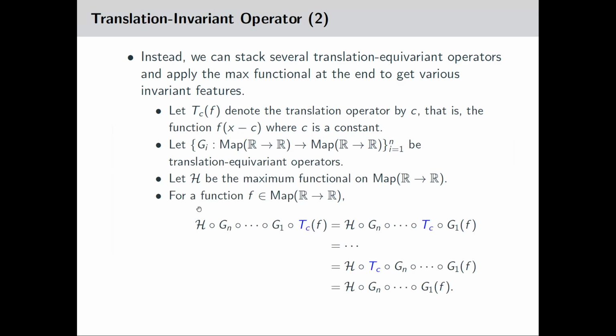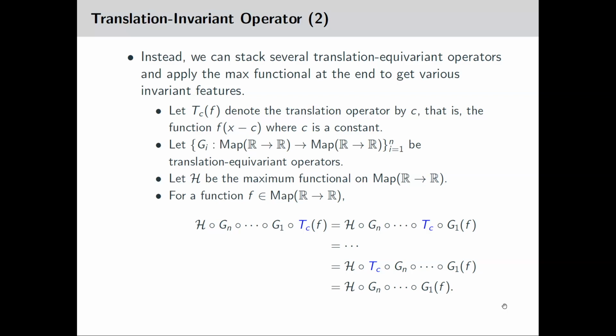Right, so if you see these equations, you can know that since G's are translation equivariant operators, we can keep moving TC forward one by one, like here. And also, since the maximum functional H here is a translation invariant functional, TC disappears at the end.